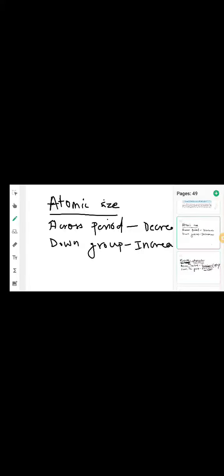And when you go down the group, the metallic character will increase. Okay, why? Because there are more powerful metals present down the group. Okay, so metallic character will generally decrease across the period and increase down the group, same as atomic size.